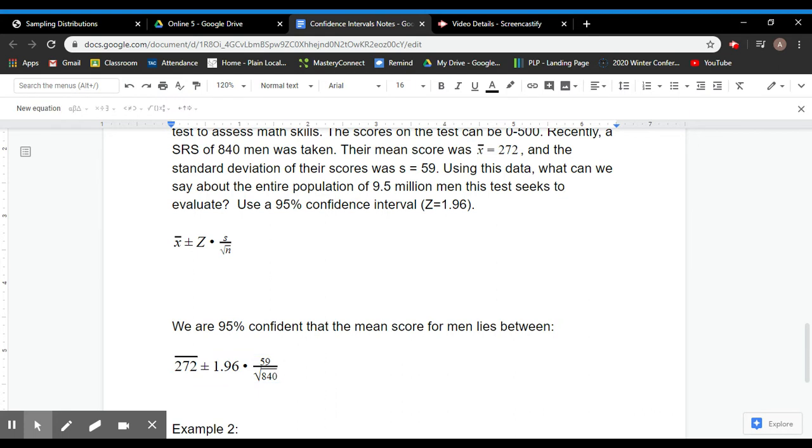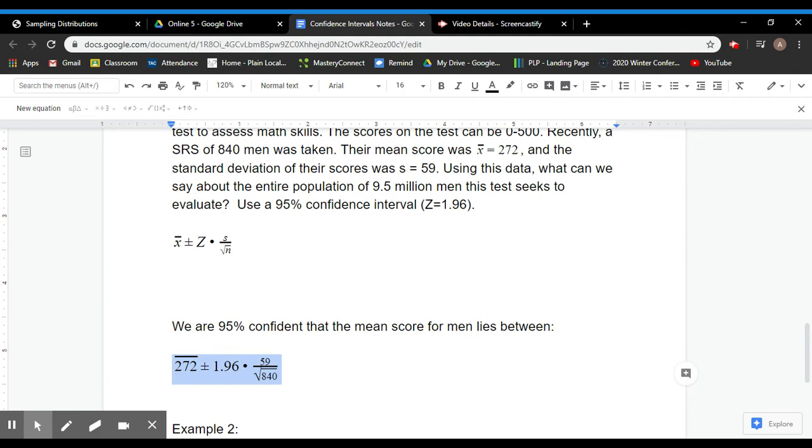Now you work this through on your calculator. What you want to do is work the right side of the equation out first, and then add it to and subtract it from 272.